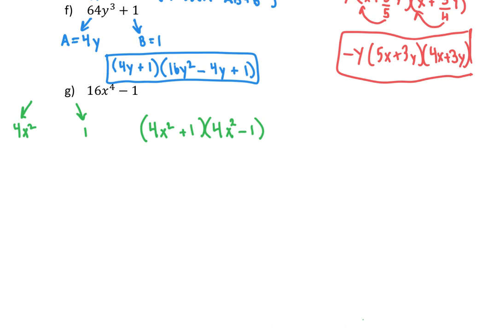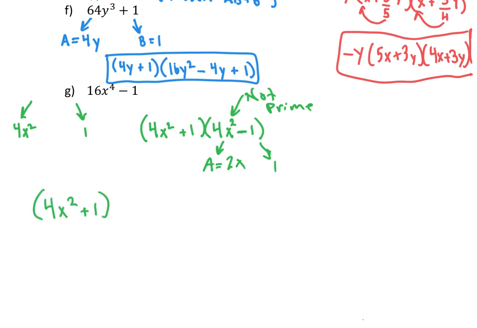But this factor right here is not prime, which means we can factor it further. It's the difference of the squares again. So we can factor 4x squared is 2x, and 1 is 1. I'm going to write the factors that are prime out in first.